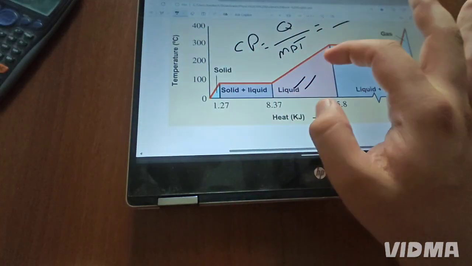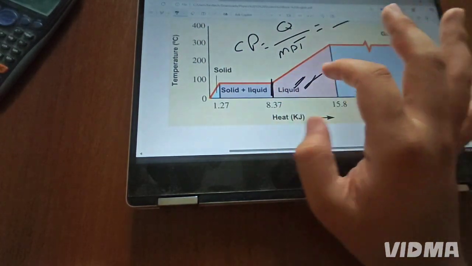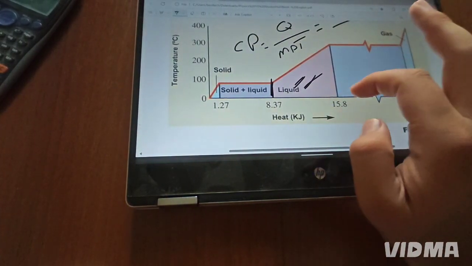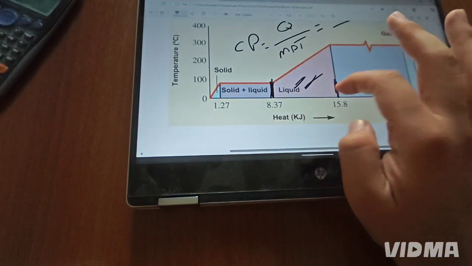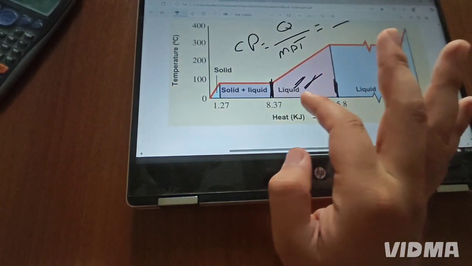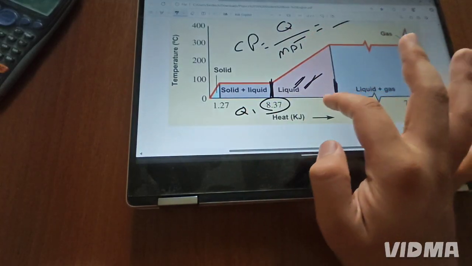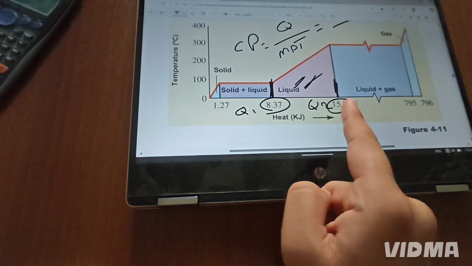So in here, this is the liquid region. In here, you have to detect these 2 points. This will be the first energy, and this will be the second or last energy. Energy number 1 and energy number 2: here we have 8.37 and 15.8.